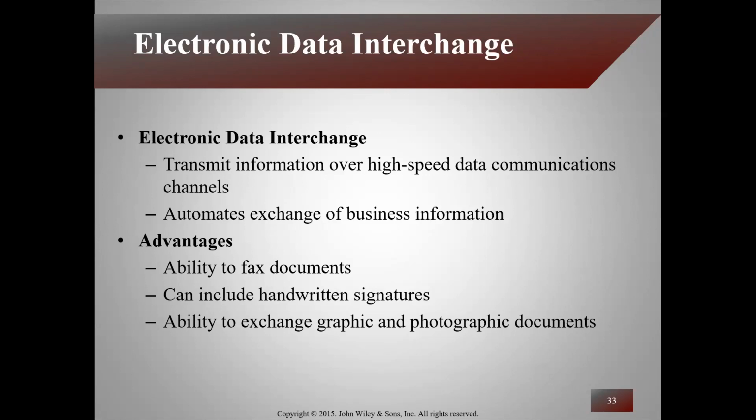An advantage of EDI compared to internet e-commerce is that many business documents are simply faxed over the telephone lines, avoiding computers completely. Another advantage is that many EDI documents include handwritten signatures, providing assurance of their authenticity.